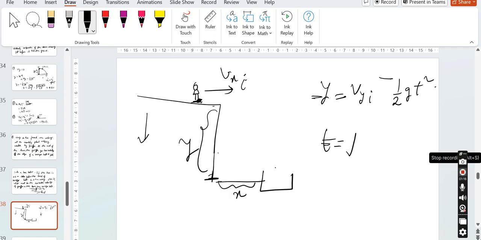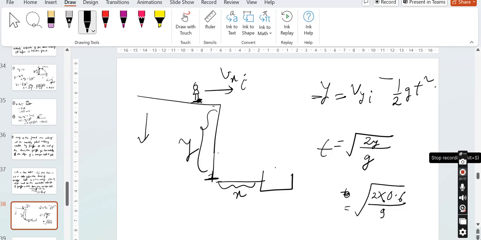So t will basically be the square root of 2y by g. Okay, so this is the time, and you have 2 into 0.6 meter by 9.8.